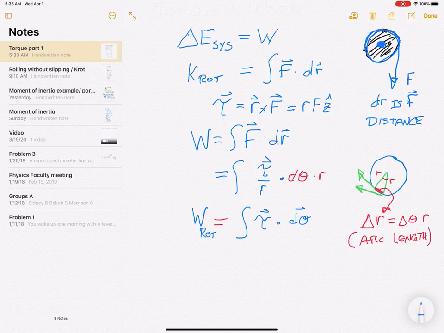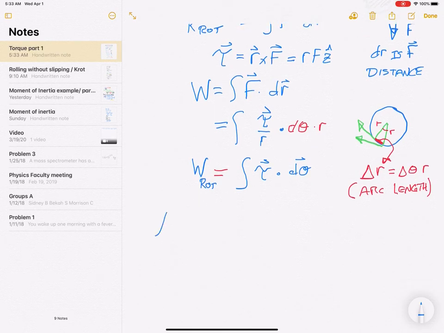So all told, if you want to change the rotational kinetic energy, you need to do work on that in a way that rotates. And that's an important way that torque figures into our equations.